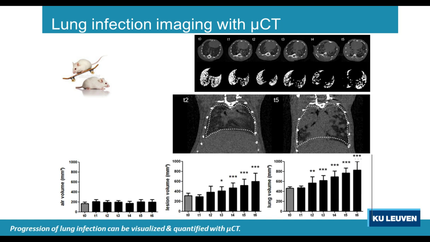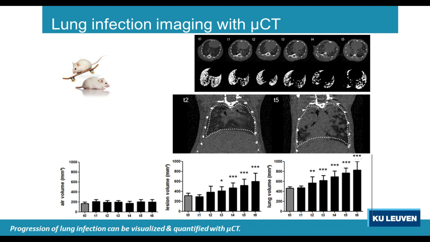So if we then quantify other imaging-derived biomarkers, such as the lesion volume, the volume of the infected tissue by itself, then you indeed see what's obvious also from the visual images, that the volume of the lesions increases week after week after week for the infected mice. And then intriguingly, you also see that the lungs just get bigger, and that's what you see when we quantify the total lung volume.